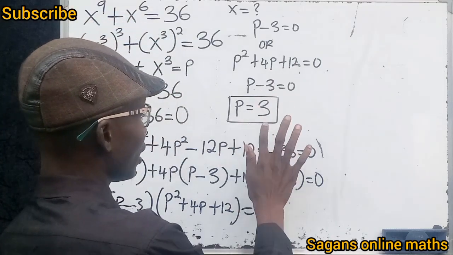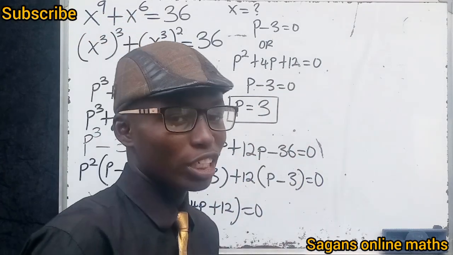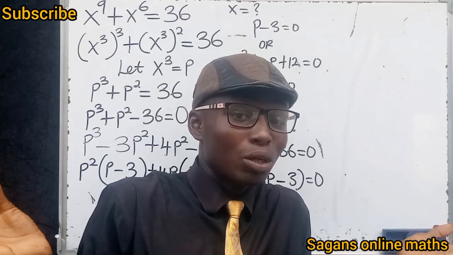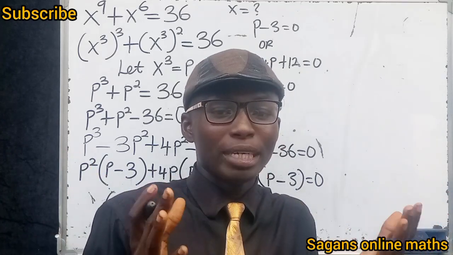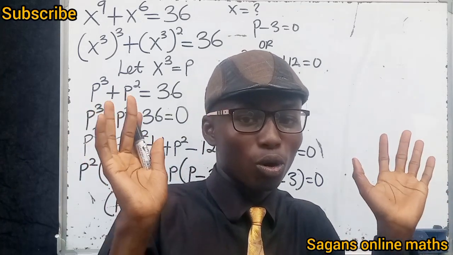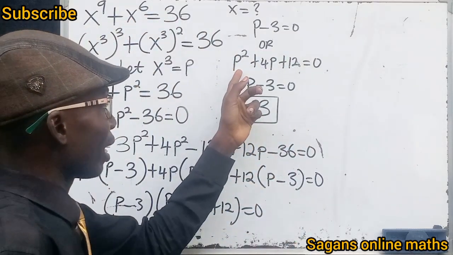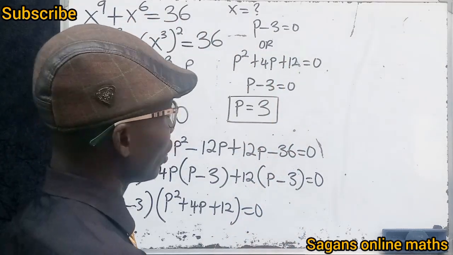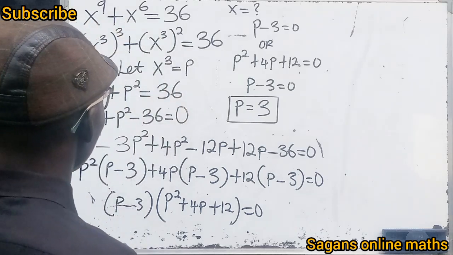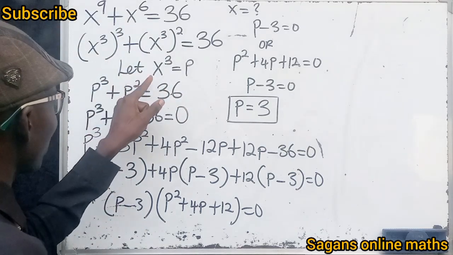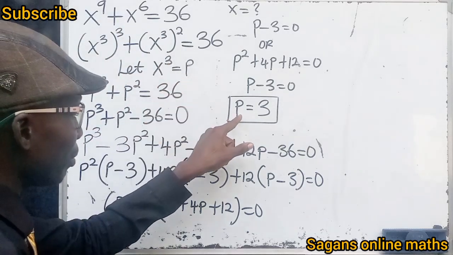Since we have that p is 3, remember we are not interested in p, we are interested in x. If you want to show you're still working, you can do this, but it will give us an imaginary unit. Now remember that from here we said let s to the power of 3 equal p, considering that p is 3.